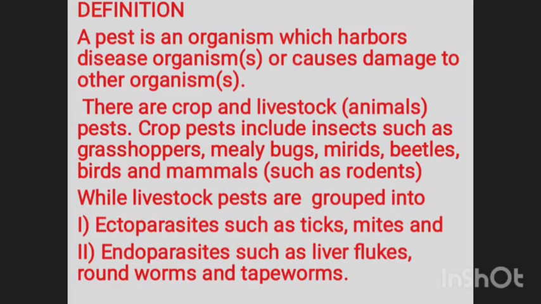Crop pests include insects such as grasshoppers, mealybugs, mirids, beetles, birds, and mammals such as rodents. While livestock pests can be grouped into two, we have the ectoparasites and the endoparasites, which we're going to discuss further in this class.